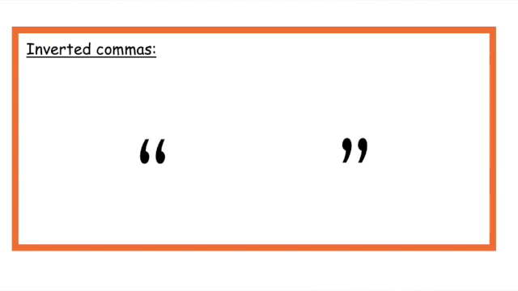The next rule is that we use inverted commas around the speech that is being said. Now, we sometimes call them the 66 and the 99, just so that we know what they look like. But their real name and their proper name are inverted commas.